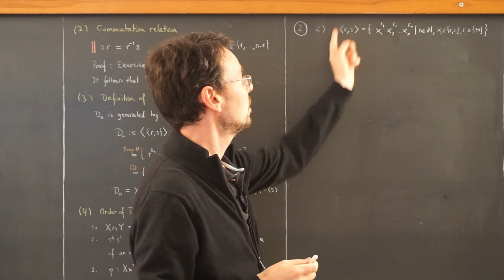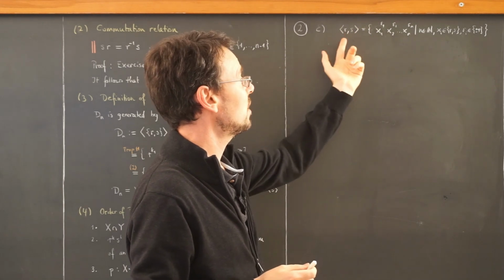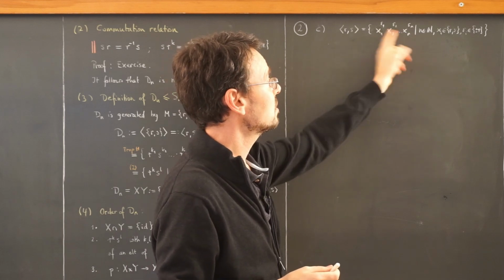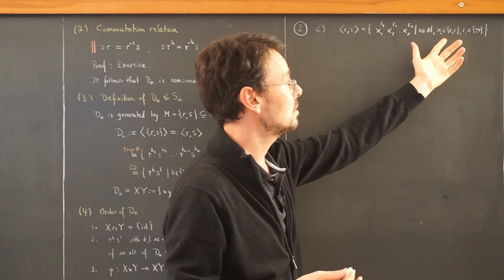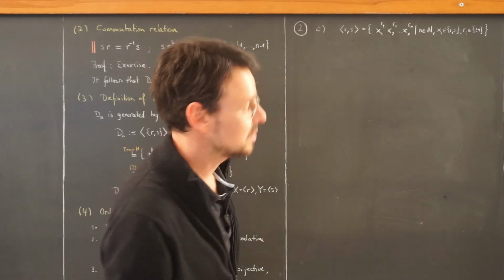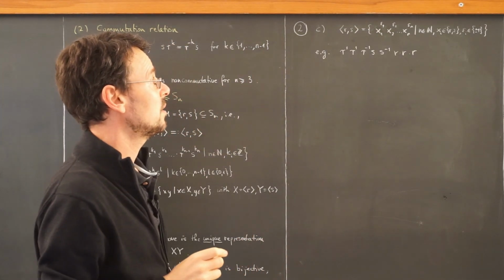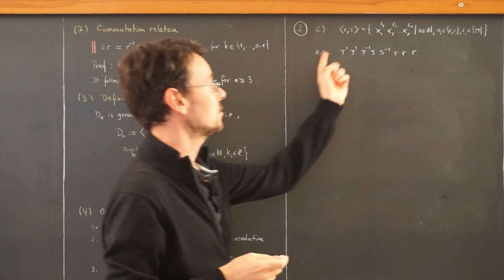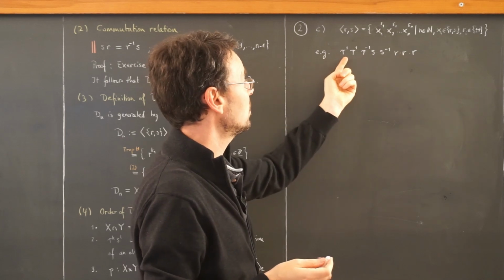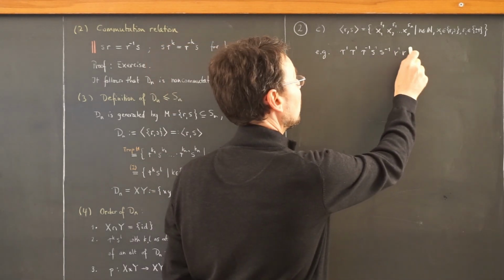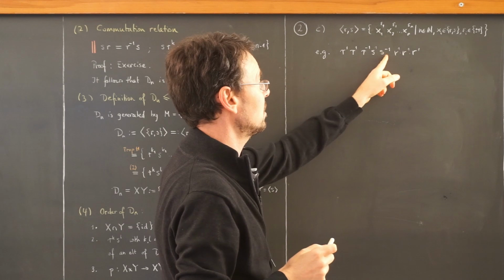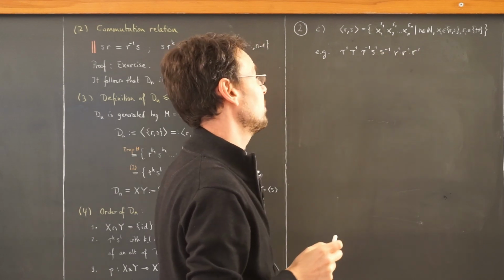So by definition, the group generated by this two-element set of R and S consists of finite products of x_i being either I, R, or S, and the exponents being either plus 1 or minus 1. So, for example, one element of this group generated by R and S would be a so-called word that consists of this sequence: R times R to the minus 1 times S inverse times R times R times R.